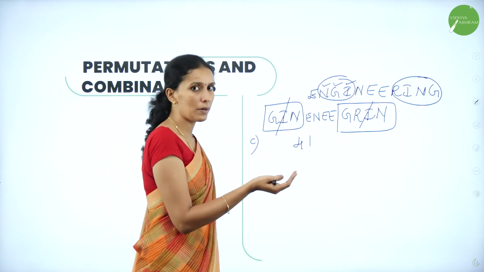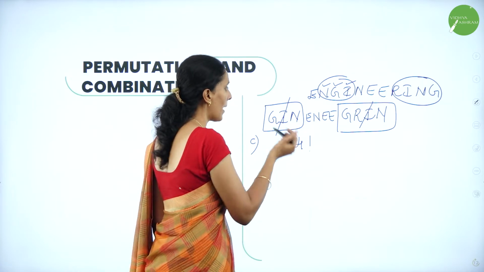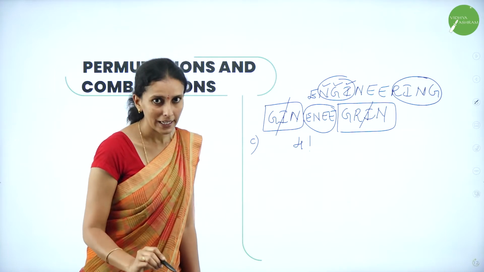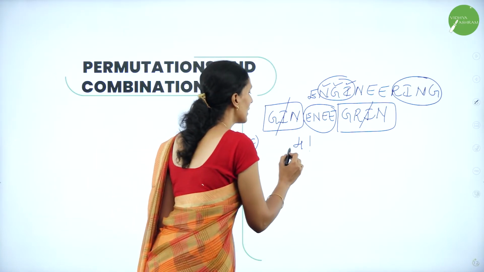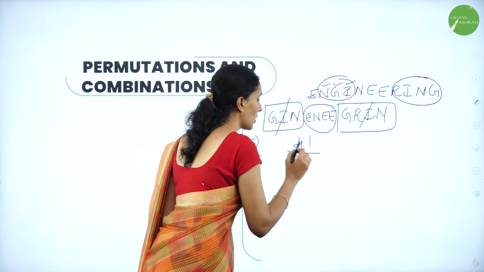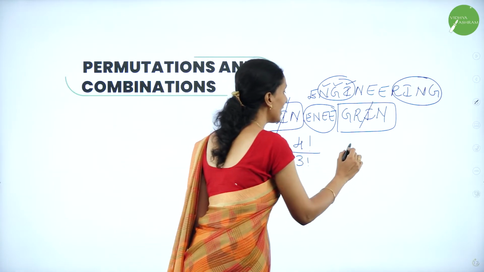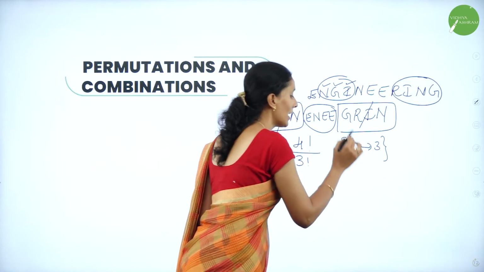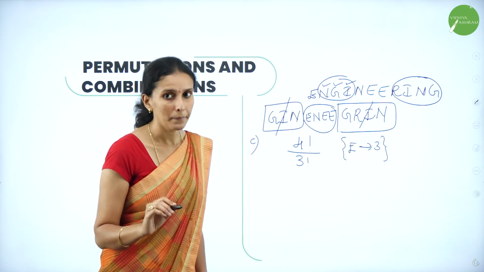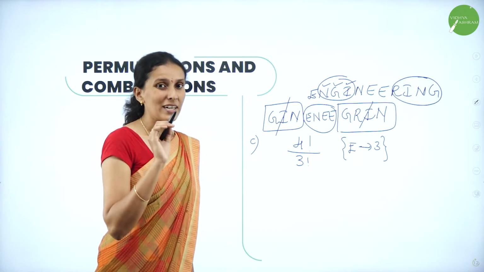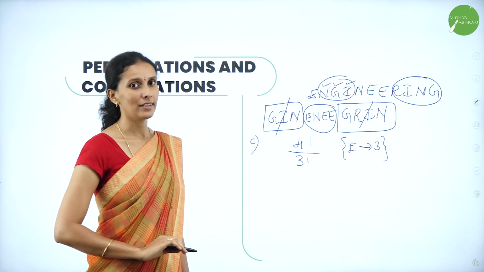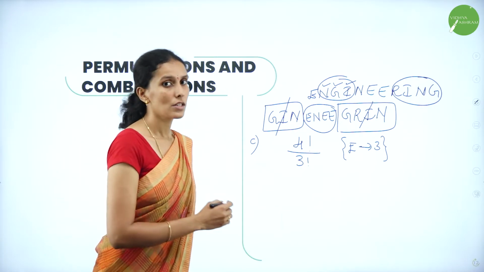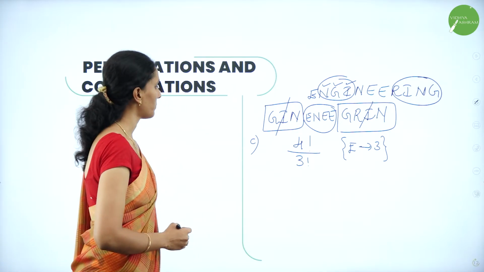So 4 different places, 4 letters. But here also you observe, in the remaining 4 letters, 3 factorial I will write. Why? Because E is repeated 3 times. The total number may be 4 factorial, but since E is repeated 3 times, we will divide it by 3 factorial. So this is the answer for the third question.